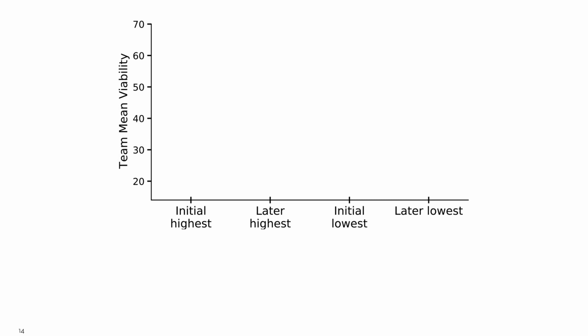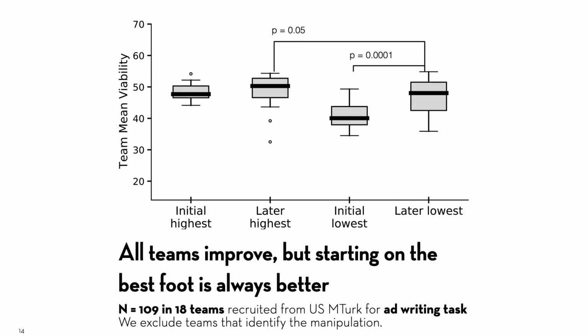So now I'll compare the initial highest and the later reconvened highest, and then the initial lowest and the later reconvened lowest team. And we see that all the teams improve over time when they're reconvened, but starting on the best foot was always better. That is to say that the later highest and the initial highest were statistically better than the later lowest.